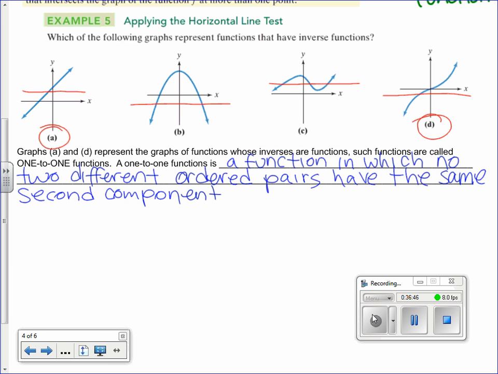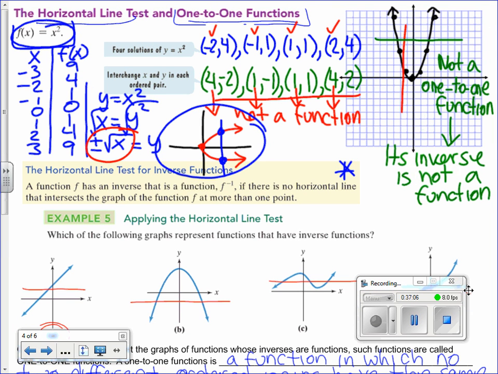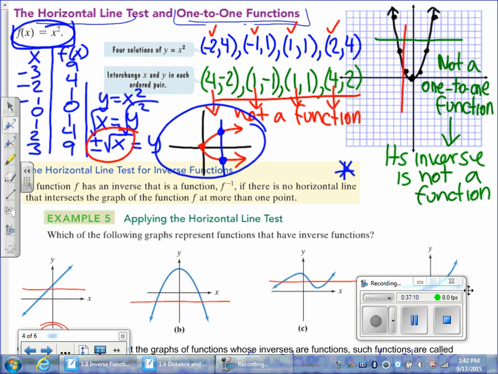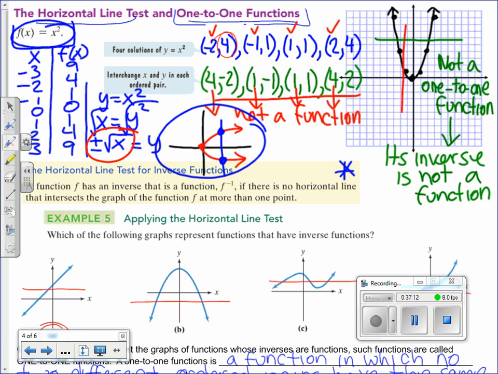If you're looking at an order pair, x comma y, this is what they're talking about, the second component, right? How do we call the set of all second components? The range. Very good. So if we go back to that example of f of x equals x squared, we notice here how the second component is repeating, right?